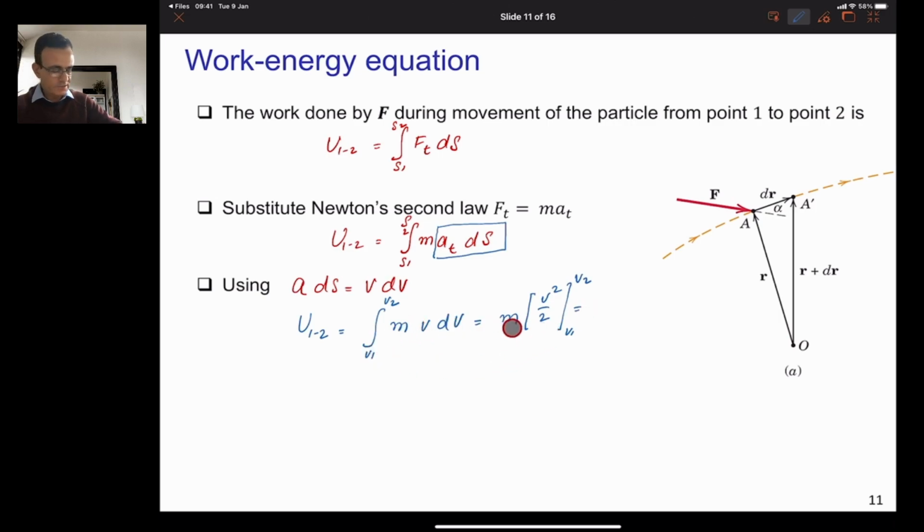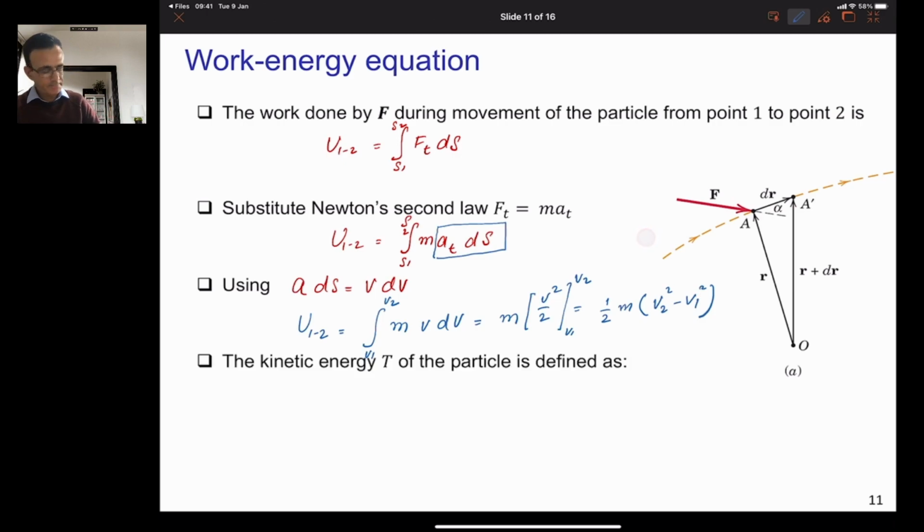If you just put the limits of integration, you can write this as half m times v2 square minus v1 square. So you will end up with this equation here, that U12 becomes equal to half m v2 square minus v1 square.